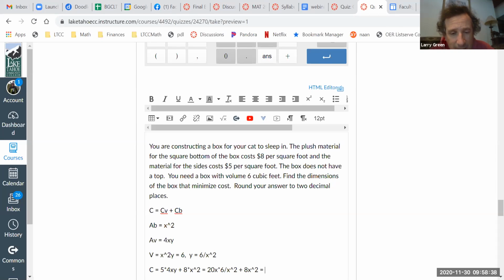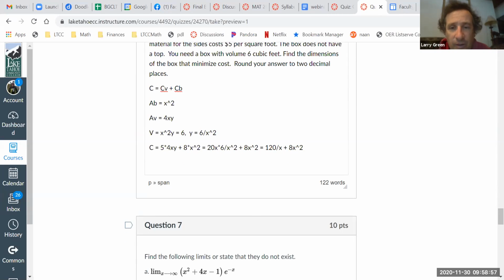And 6 times 20 is 120. x over x squared is over x. So I want to stop there. Any questions on getting the cost function as a function of x?